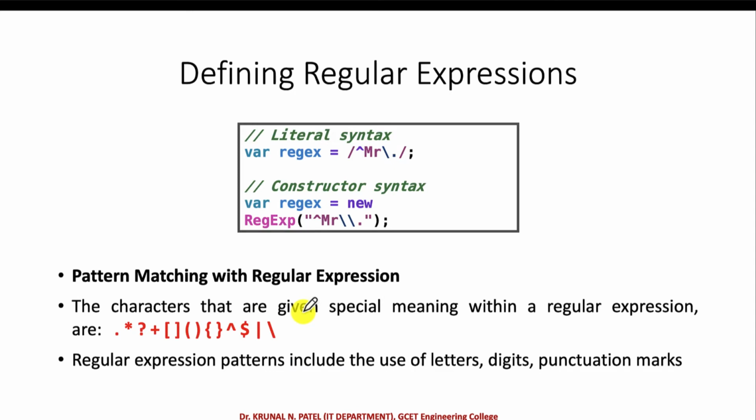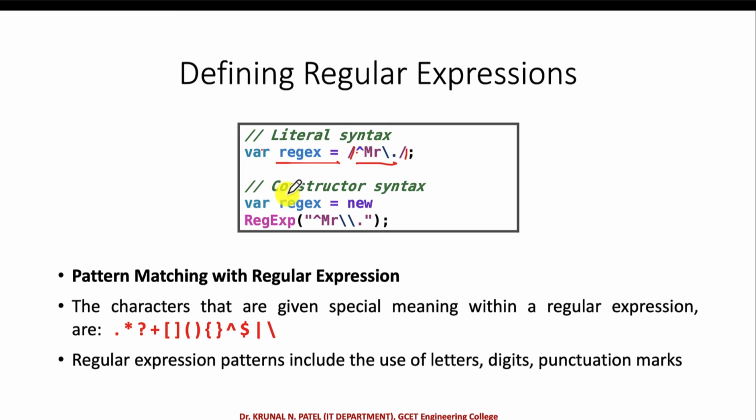Now let's go for one example. Suppose here I want to define one pattern in literal syntax, right? So I'm going to define one variable, and as we are going for literal syntax, you just put a forward slash, then define your pattern over here, right? So this is a pattern. Right now you are not getting anything, I can understand, but later on, after this video, you will get the meaning of this, right?